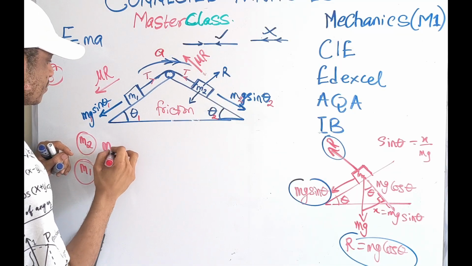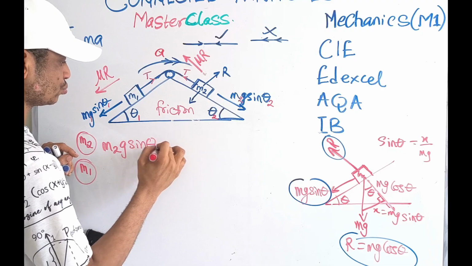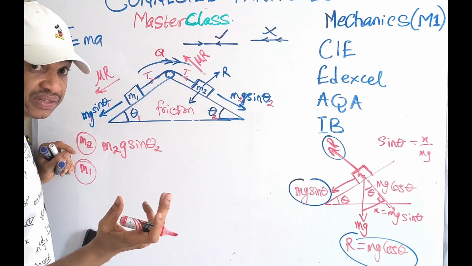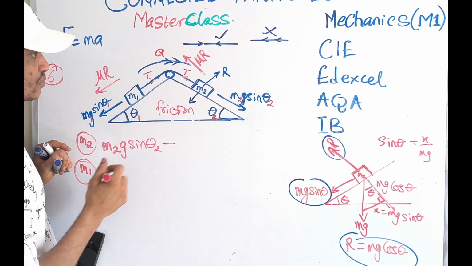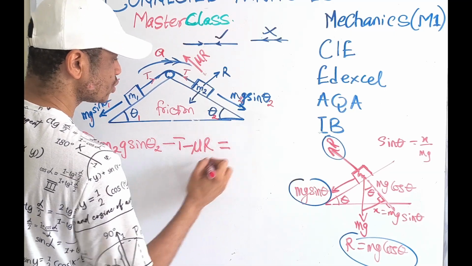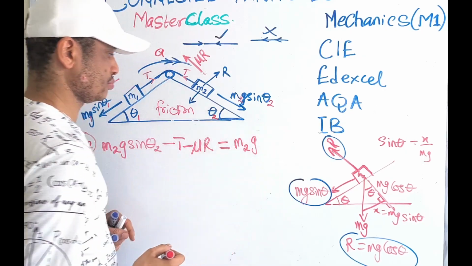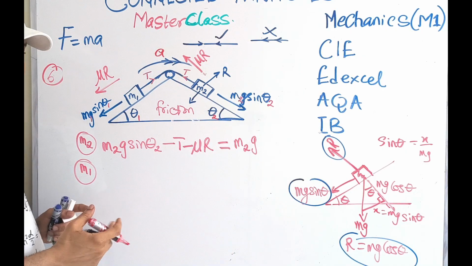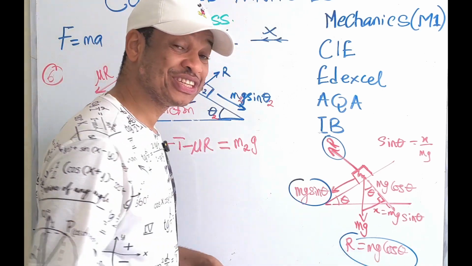So M2g sine theta 2. This is theta 2, if I didn't write it in the previous one. Please take note. So M2g sine theta 2 minus T minus mu R is equal to M2a. You remember what R is? R is mg cos theta.